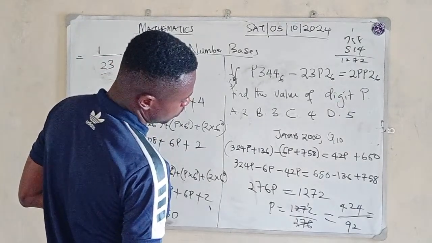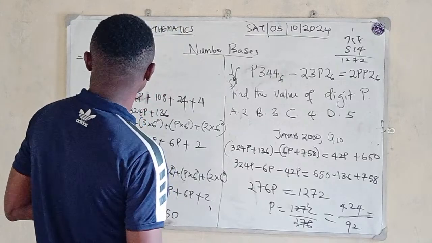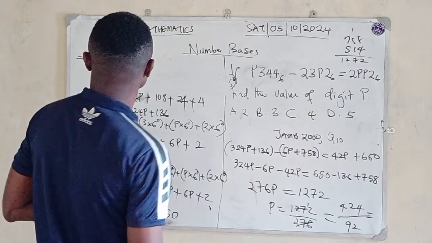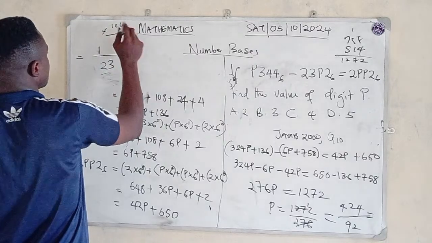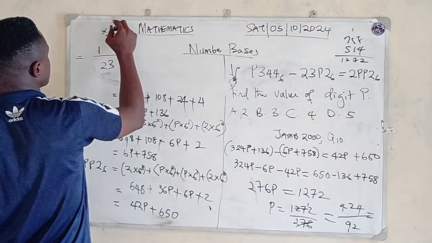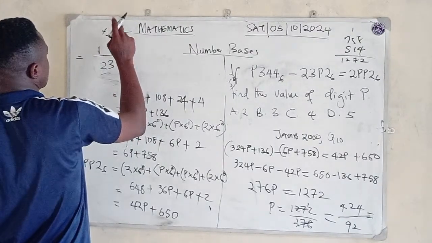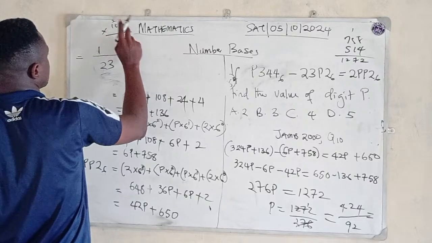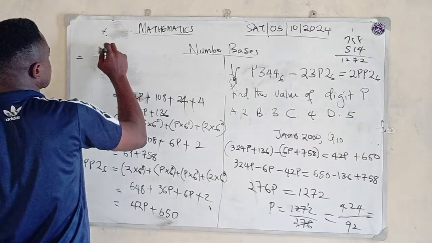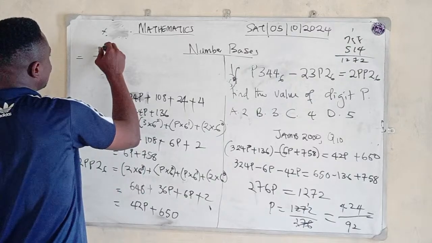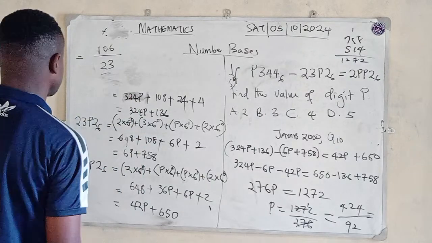So we have 106. 106 times 4. This is 4, 2, 0, 2, 4. So it's 106. So here is what? 106. Can 23 divide 106? Is it possible?